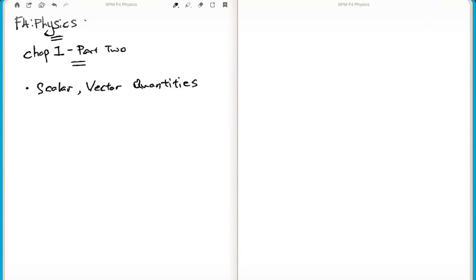So, after vector and scalar quantities, I will cover how we make use of positive error and negative error for the Vernier caliper and micrometer screw gauge. After that, I will be doing the nature of measurement: types of errors, errors in measurement.